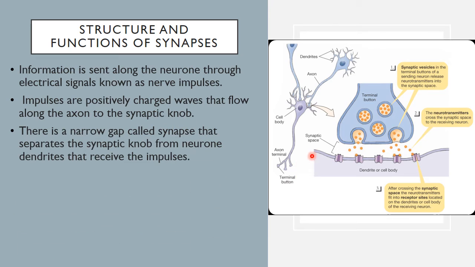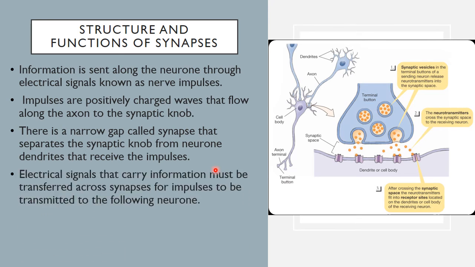A synapse is a narrow gap between a synaptic node of a neuron and the dendrite of the adjacent neuron receiving the nerve impulse. And electrical signals that carry information must be transferred across synapses for impulses to be transmitted to the following neuron.